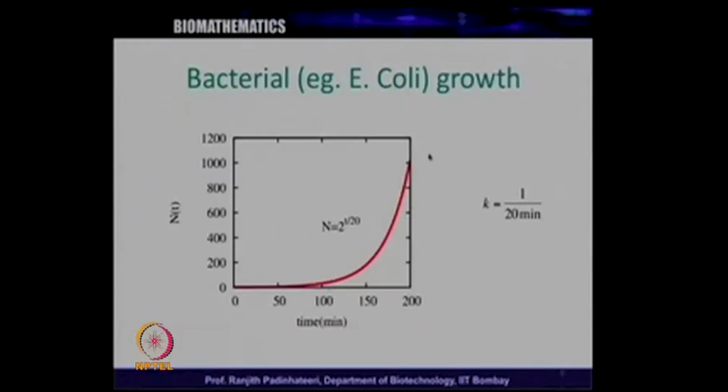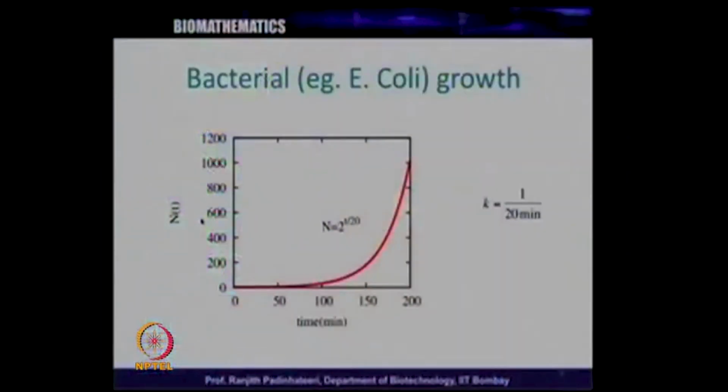Now what we want to understand here is something about the derivative, something about the slope of this curve. If you have a curve which, as you see here, is exponential, let us just plot this curve.